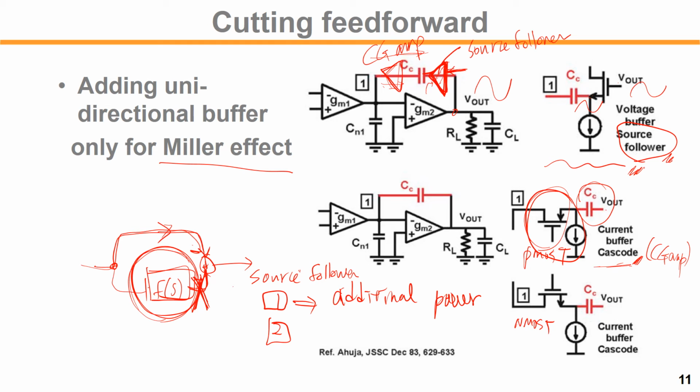Method 2, the common gate, has an efficient way to add that function without adding power, or it is possible. So that's why people use the second method. We will see it in more detail.